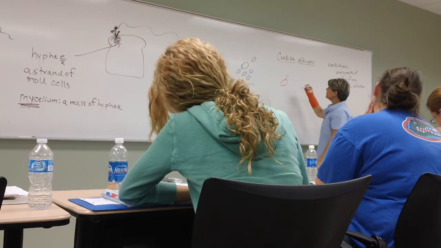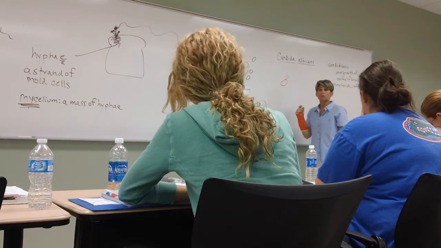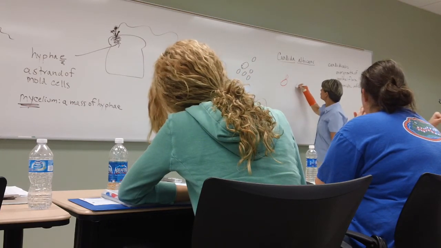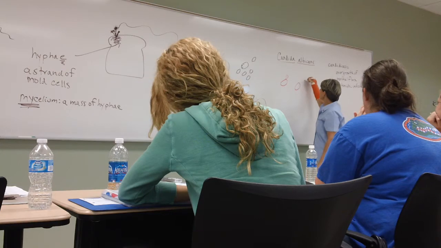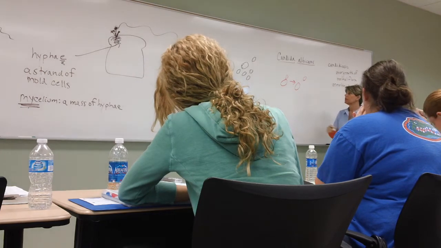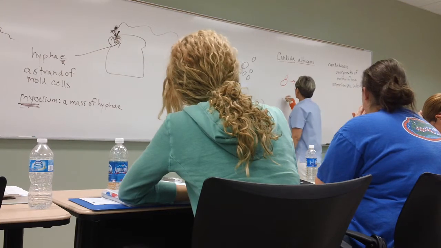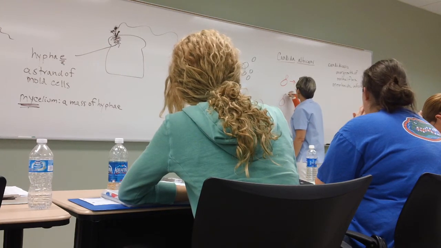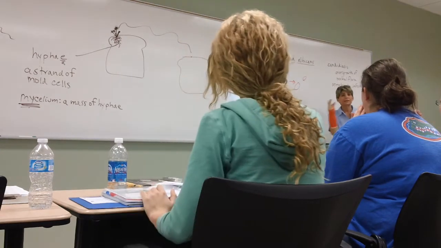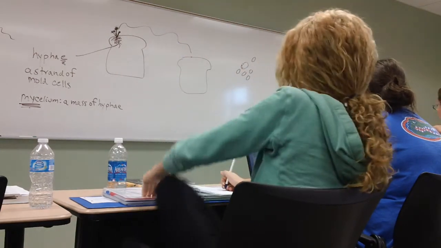Now, Candida does a peculiar thing sometimes. When it buds, instead of just budding off a new one and having it go off on its own, sometimes it will bud off a new one, and instead of it going off on its own, it sort of collapses down and stays attached.